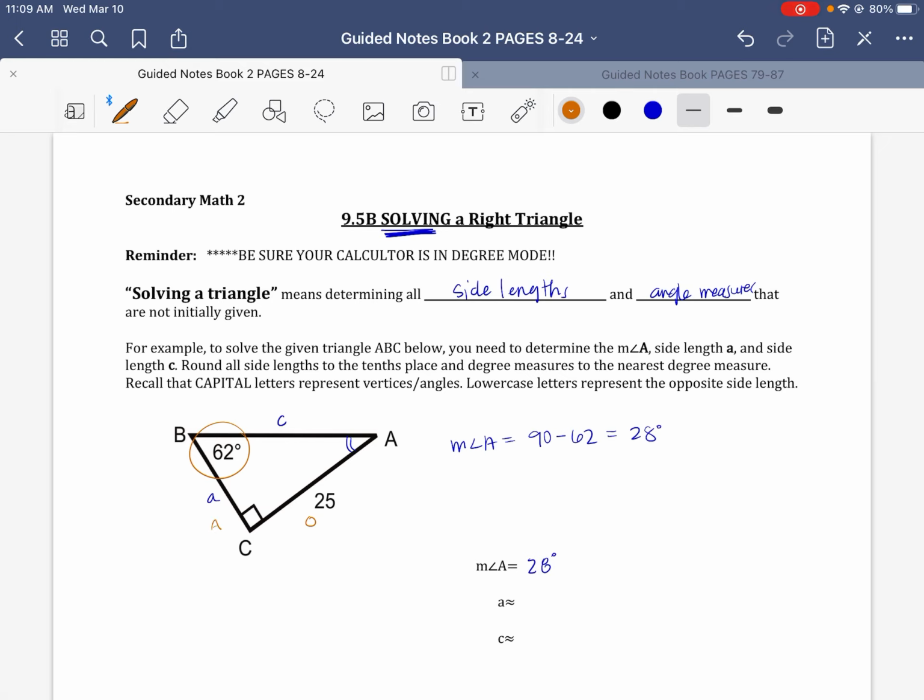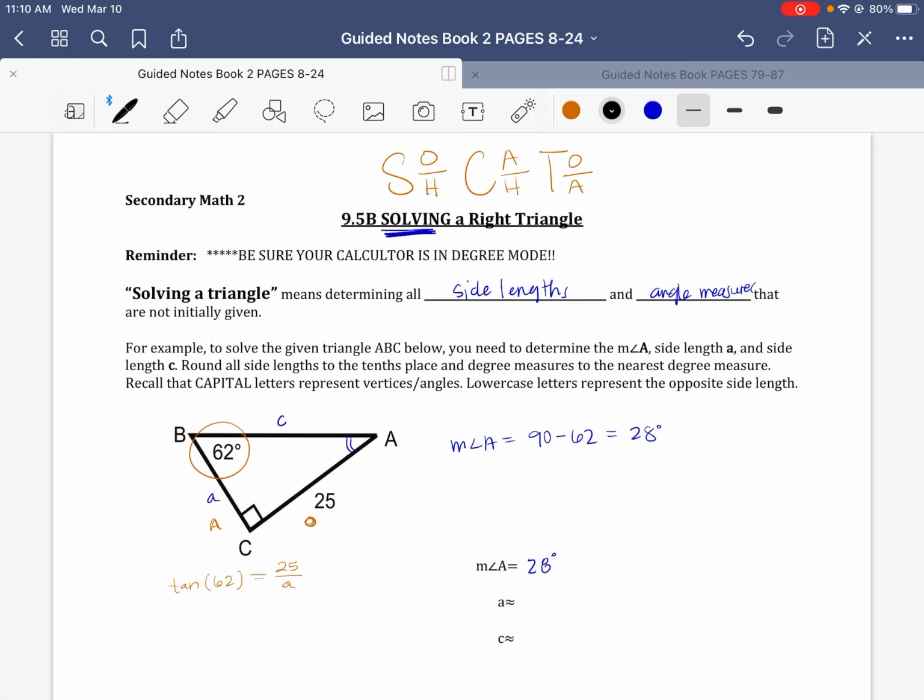That's the adjacent leg. If I'm thinking SOHCAHTOA, I'm going to write it up here at the top again. Sine is O over H. Ka for cosine is A over H. And then TOA is the opposite leg over the adjacent leg. So notice down here I'm using the two legs, O and A. So I'm going to set this equation up as the tangent of 62 degrees is equal to 25 over little a.